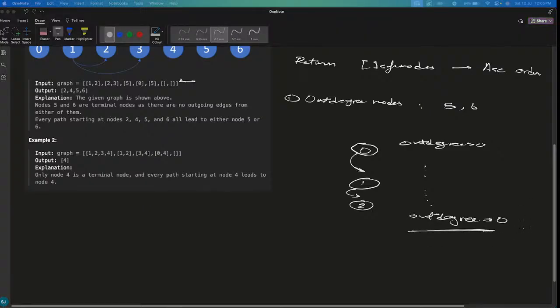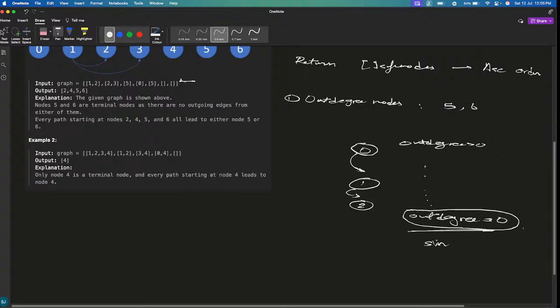But you know what, let's search for the properties. Hold on. Okay, yes, so I was correct. There should be at least one node with out degree equal to 0. That is also known as a sink node, right?